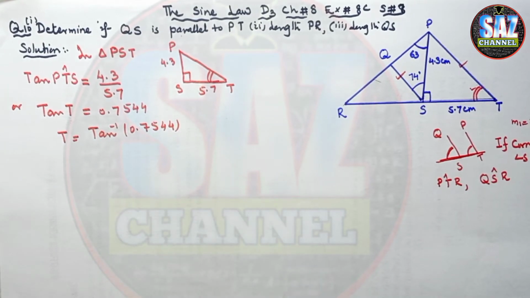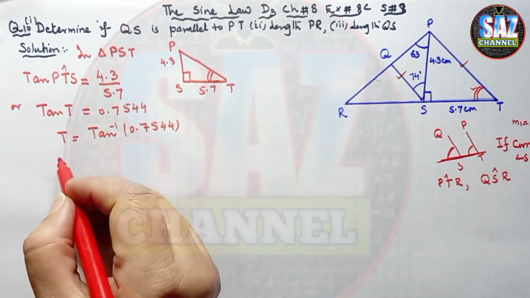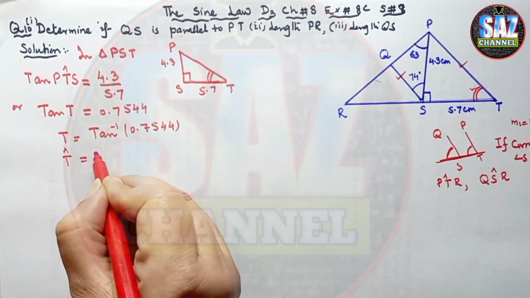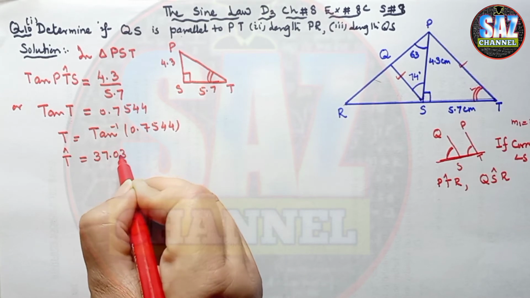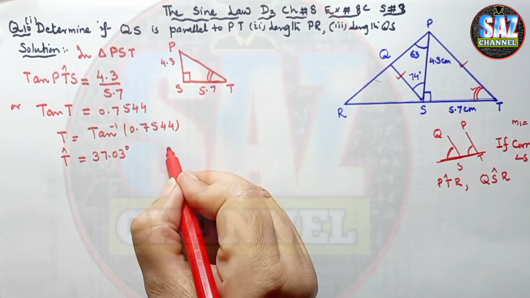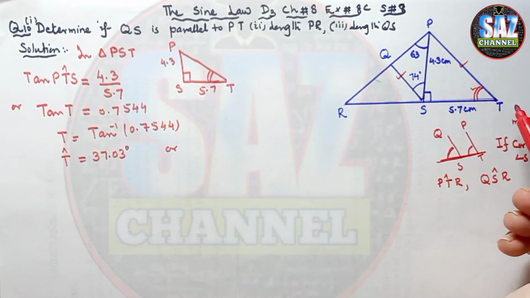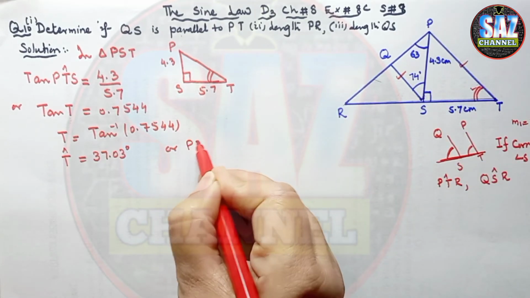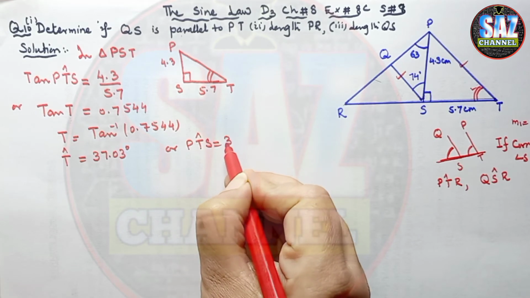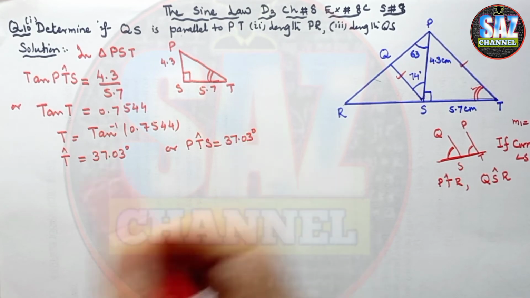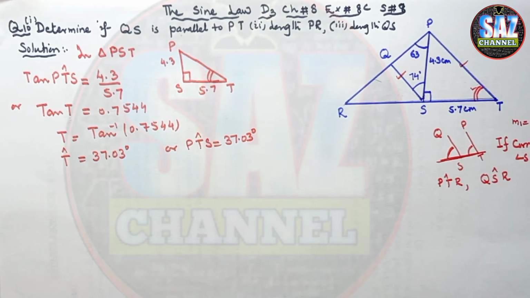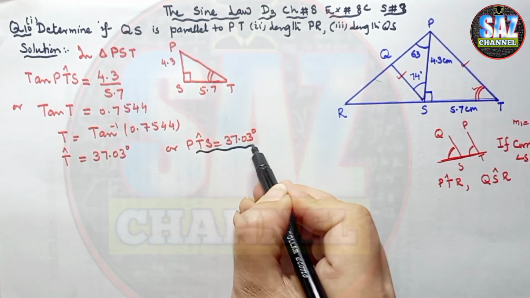I have to take inverse tan, so press shift key and then tan, and there will be the display tangent inverse, and then you have to write the value 0.7544, and this gives me angle T equals 37.03 degrees, or what I can write is that PTS angle equals 37.03 degrees. And let me block my answer so that my students can see it clearly that this is the answer.